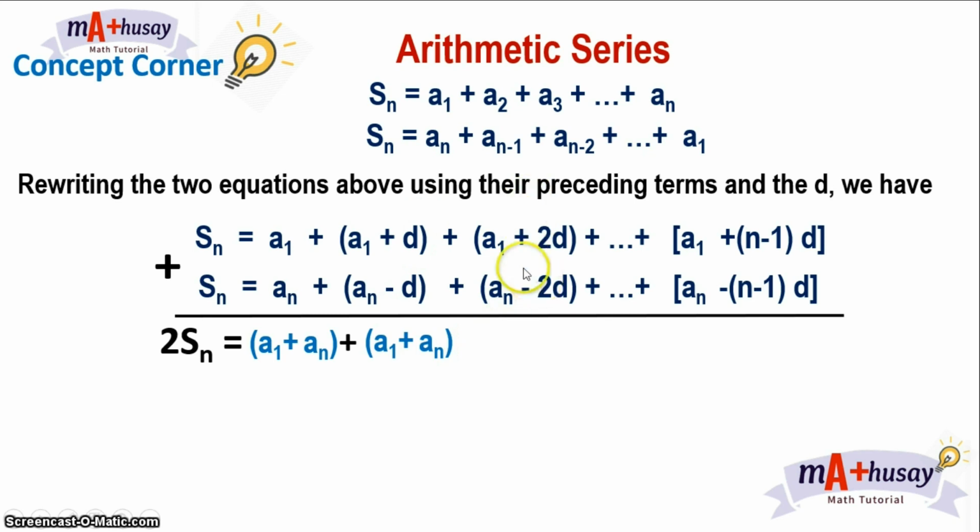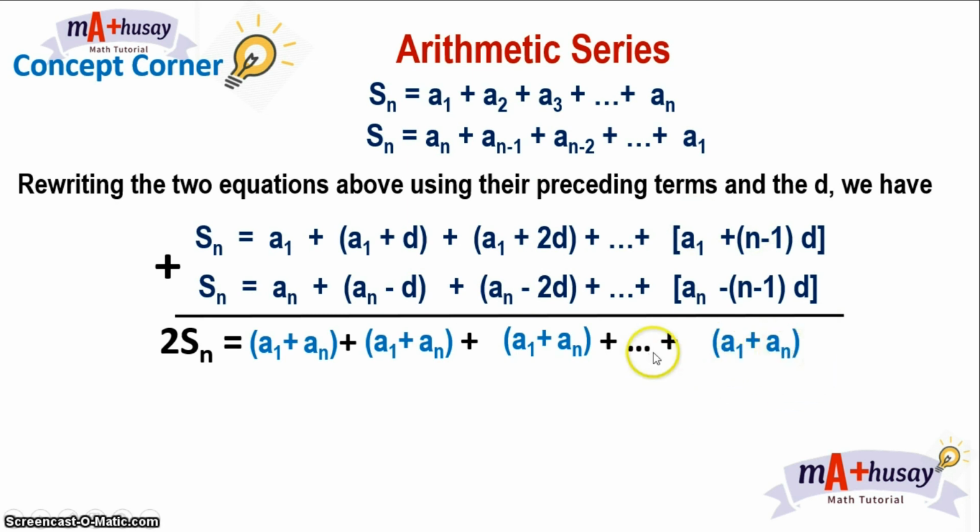Next, if you add the third term of the sequence, a sub 1 plus 2d, with the third to the last term, a sub n minus 2d, you will get a sub 1 plus a sub n, up to when you add the first and last term, which is a sub 1 plus a sub n.